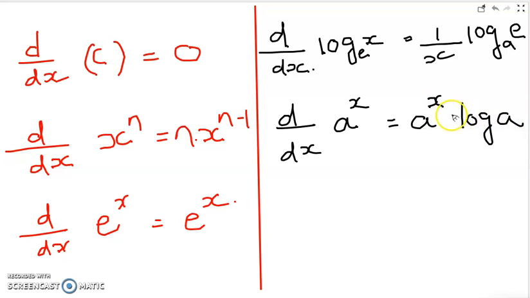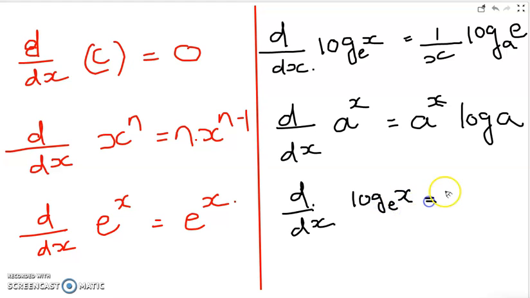And d by dx of log x with base e is the same, 1 by x. Here, if it is e, it means 1 by x. In the same way, log of x with base a gives 1 by x log of a to e. So these are the basic 6 formulas.